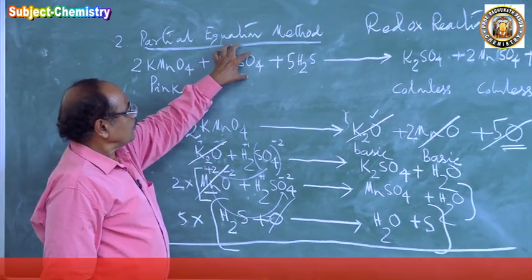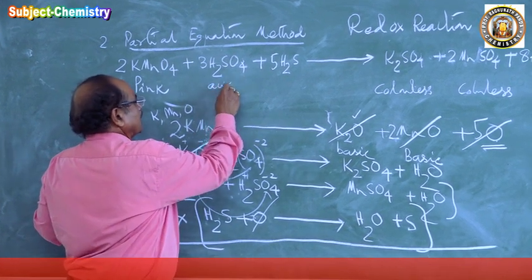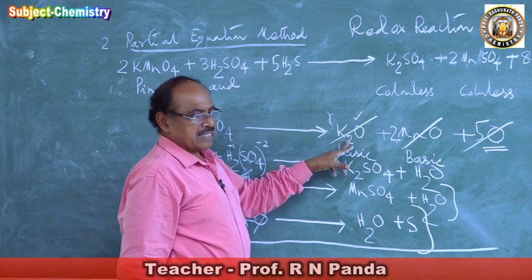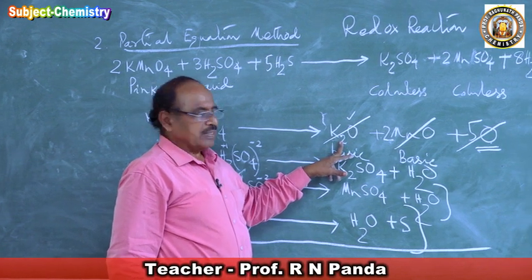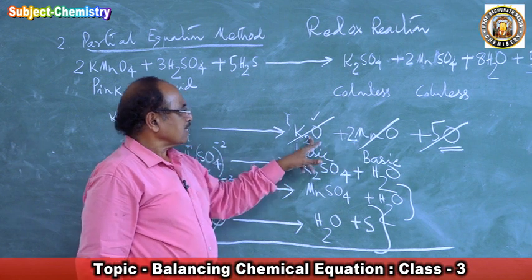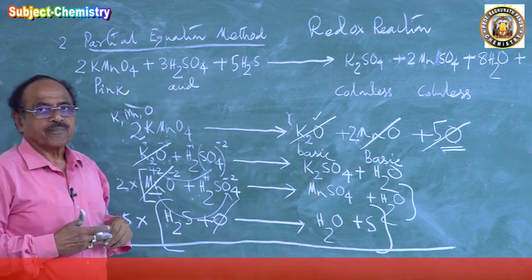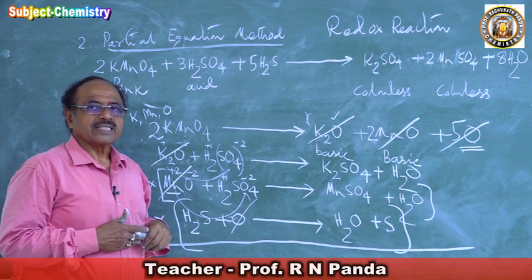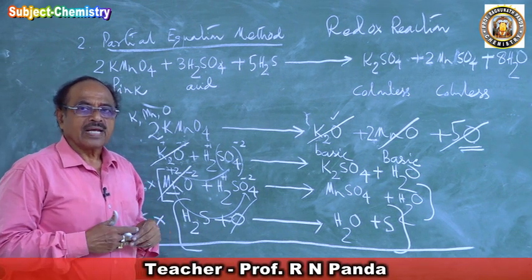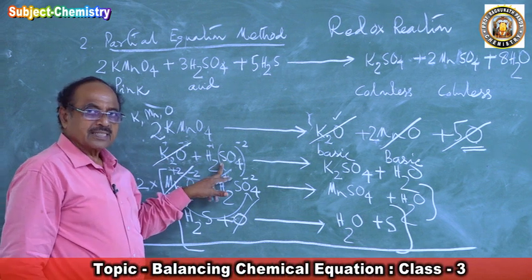K2O. Now sulfuric acid is acidic. This is an acid. And what is this potassium oxide? It is a base, strongly basic. What is MnO? Strongly basic. So these are the bases, and here is an acid. So they undergo a neutralization reaction. Acids react with bases to undergo neutralization reaction. So potassium oxide will react with sulfuric acid.